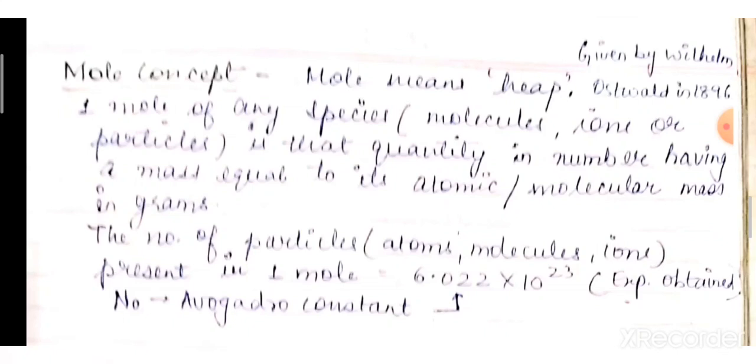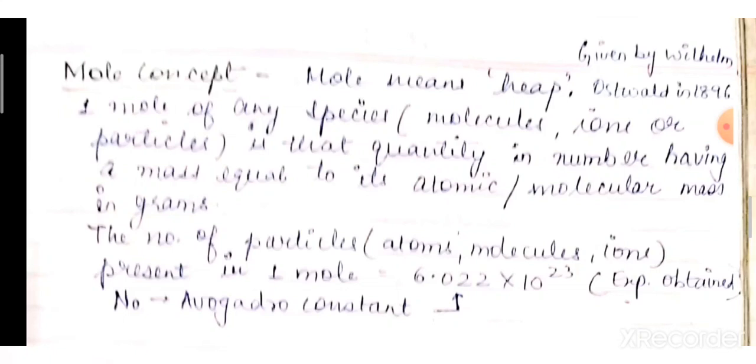It was given by Wilhelm Oswald in 1896. So 1 mole of any species, molecules, ions or particles, atoms, is that quantity in number having a mass equal to its atomic or molecular mass in grams. That is the molar mass.